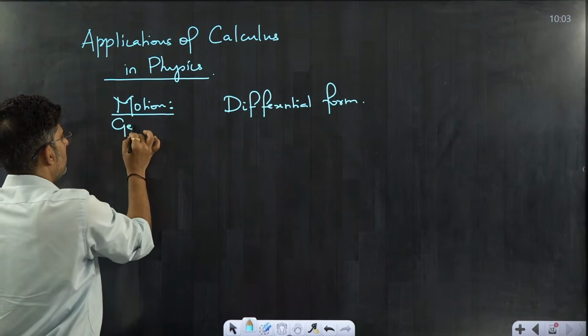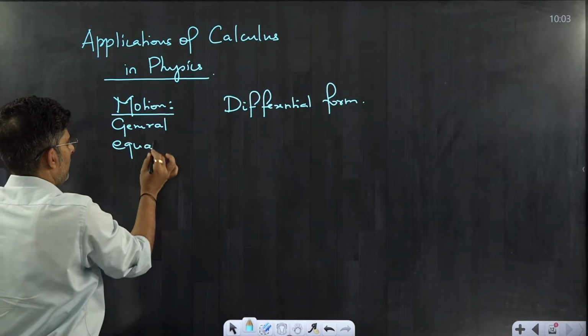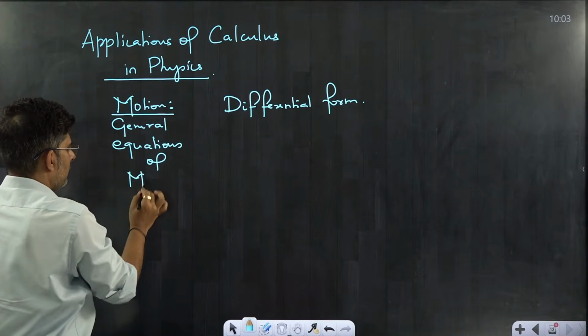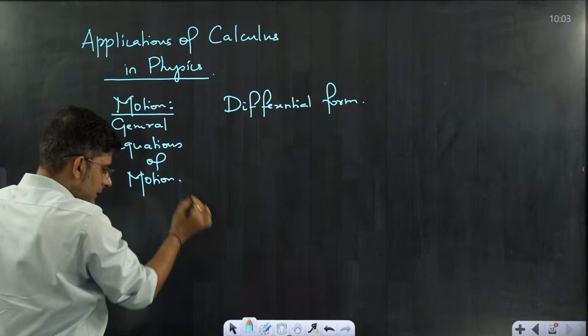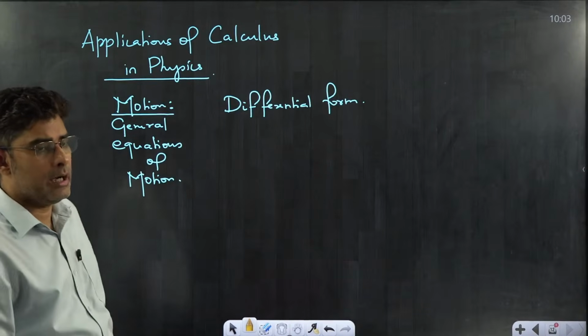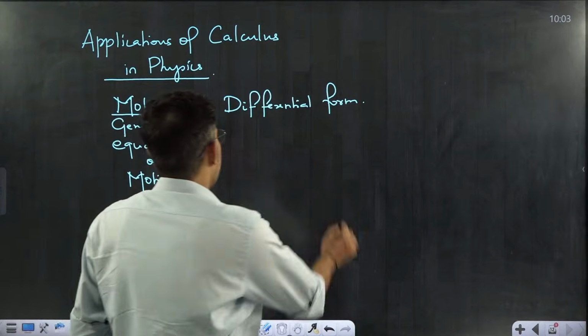We are talking of the general equations of motion. Now when I am saying general equation, it means acceleration can be constant, variable, I don't know, general.